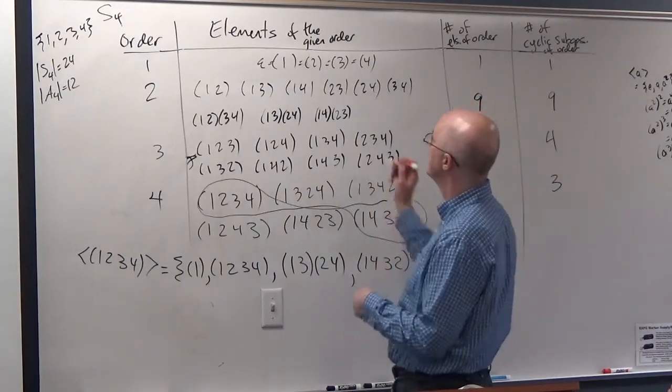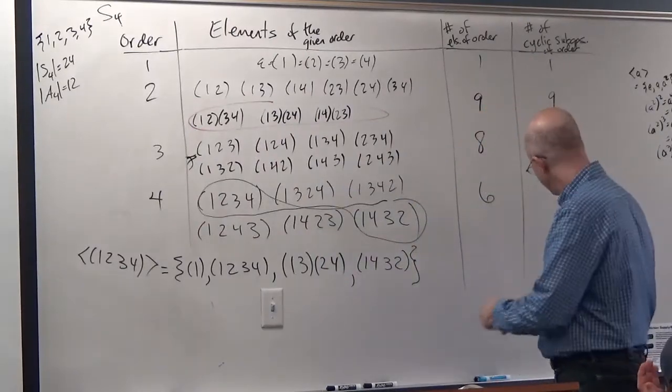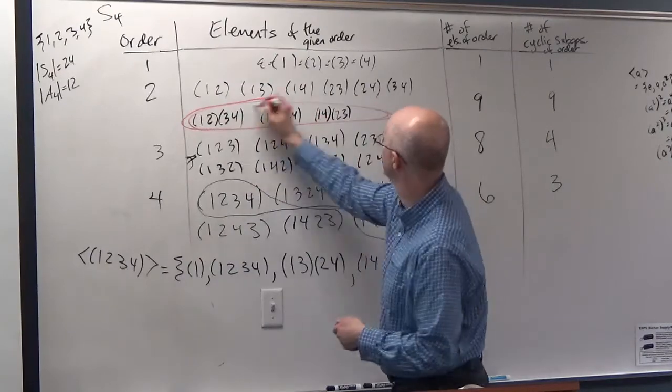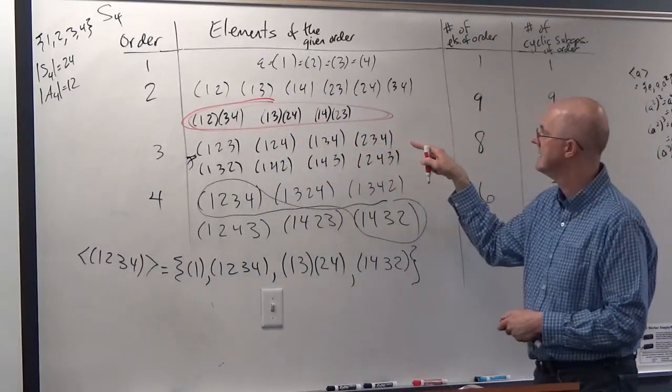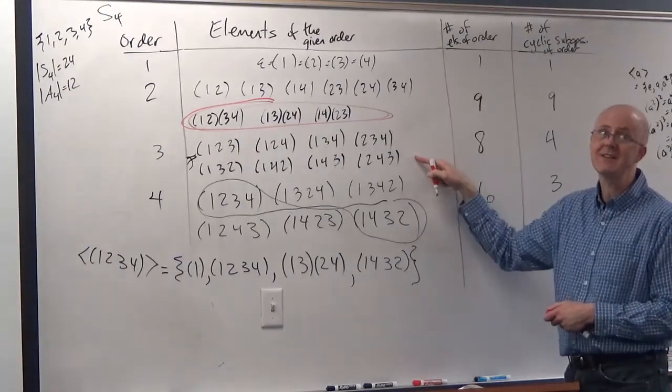What would those include? They would include these three. Those are even. This red marker is a bit better. Those are even permutations. Any 3-cycle is actually even, right?